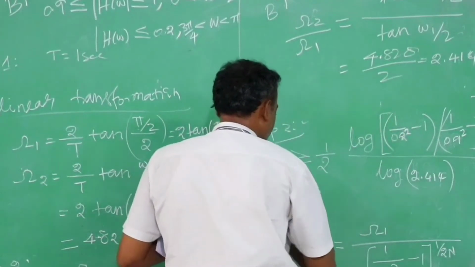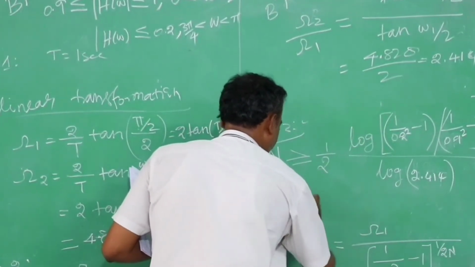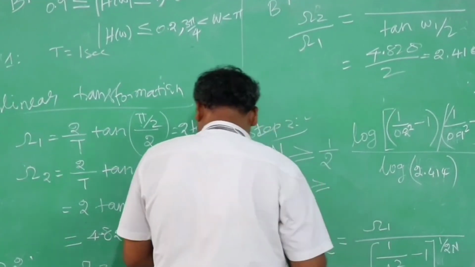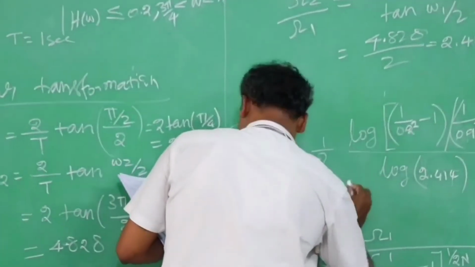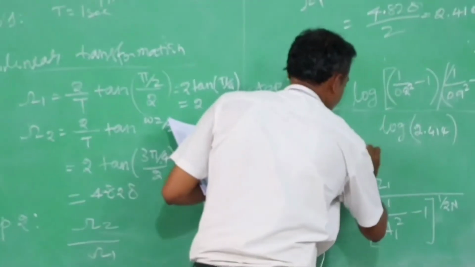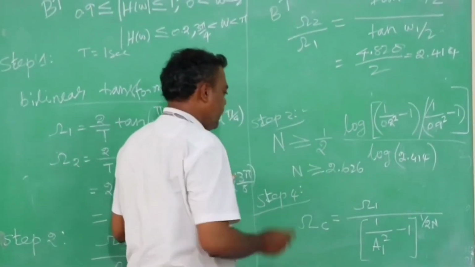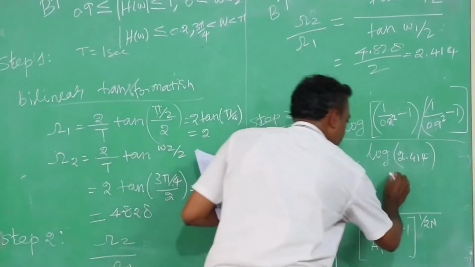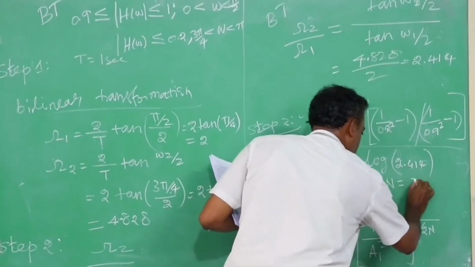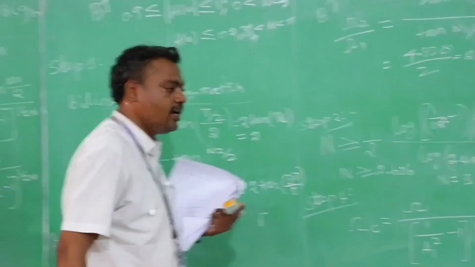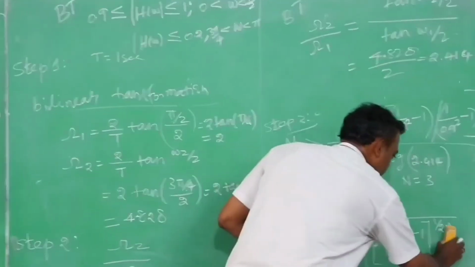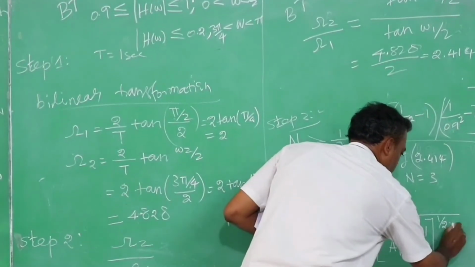Now we substitute, and finally we get n greater than or equal to 2.626. But n is an integer, so we choose n equal to 3. Now the order of the filter is 3.